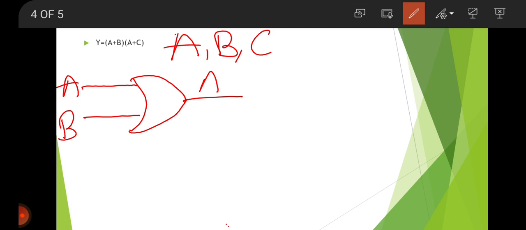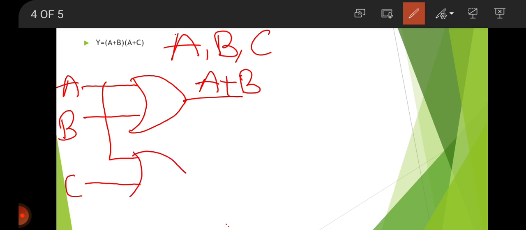Here it comes A + B. Then draw A + C. Therefore, A comes in this, C draw here, and OR it. Therefore, here comes A + C. Then do the AND operation.